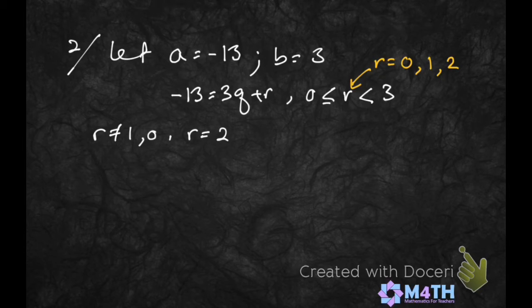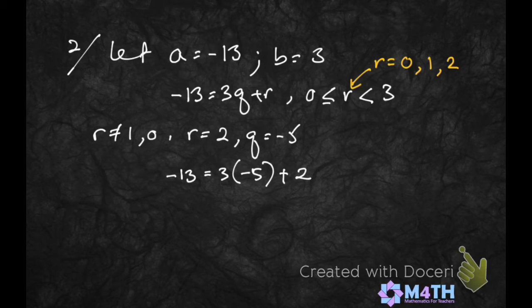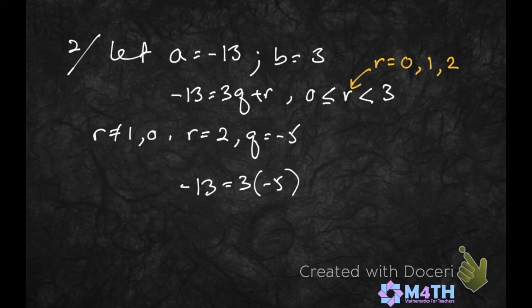When r is equal to 2, q is negative 5. So negative 13 is 3 times the quotient negative 5, plus 2, the remainder.